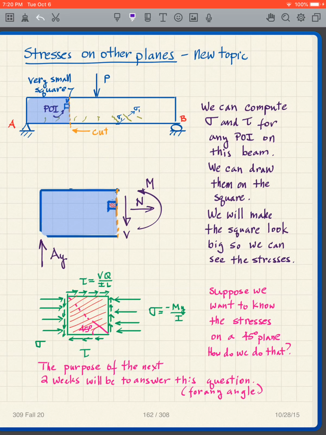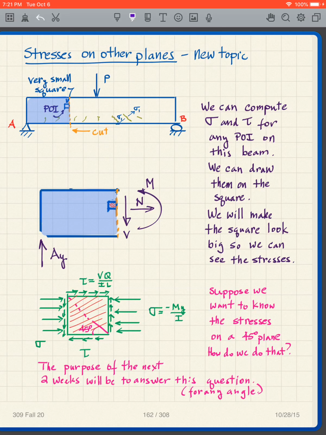In other words, I draw a big square, you think, okay, it's really a small square that could be located anywhere on this beam. So, okay, that is the first thing you've got to remember that is easy to forget as we get more and more into this whole process.